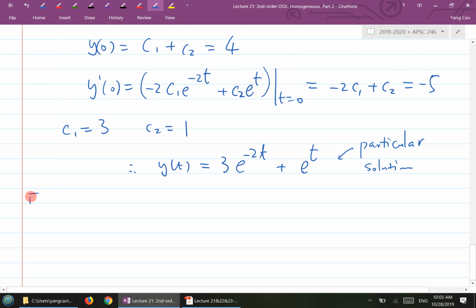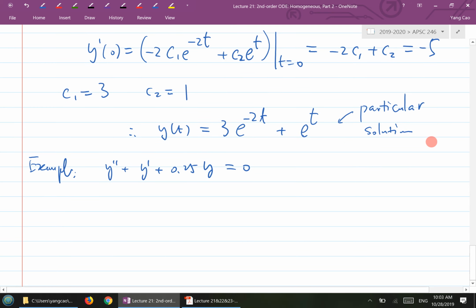So let's take a look at another example here. This one is also very simple, with real constant coefficients. The characteristic equation is lambda squared plus lambda plus 0.25.